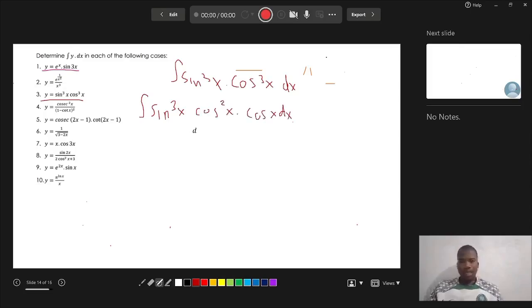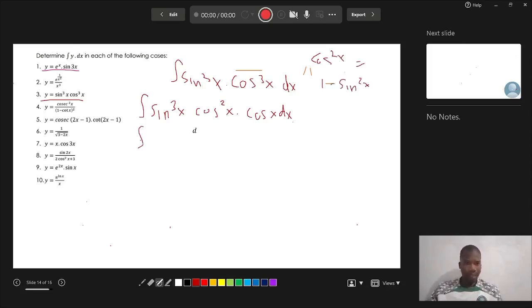So we know that cos squared x is equal to 1 minus sine squared x, right? That is what we know. So let us proceed in solving this.